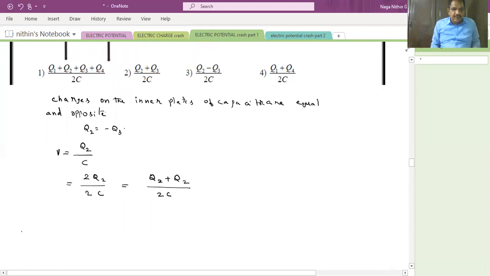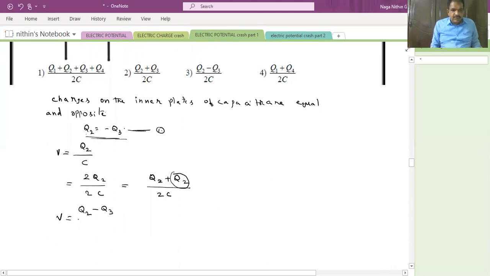Therefore, V is equal to Q2, but we know Q2 is equal to minus Q3. So in place of one Q2, I am writing minus Q3 using this formula.